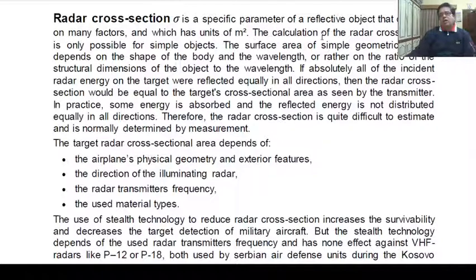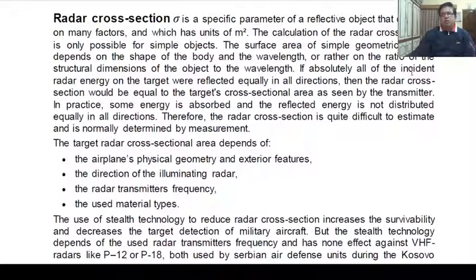The calculation of the radar cross section is only possible for simple objects. The surface area of simple geometric bodies depends on the shape of the body and the wavelength, or rather on the ratio of the structural dimensions of the object to the wavelength.